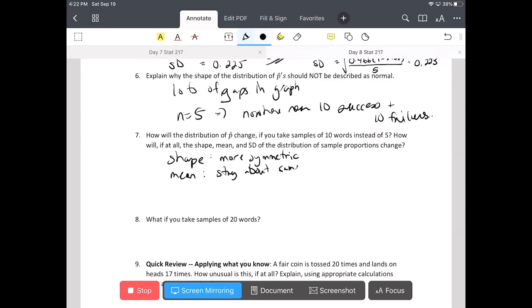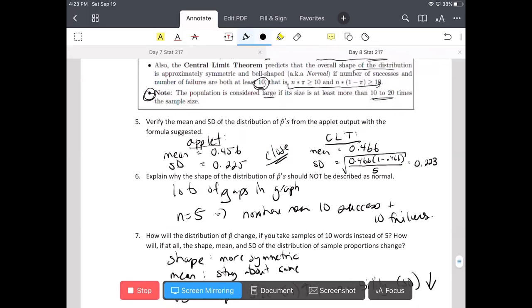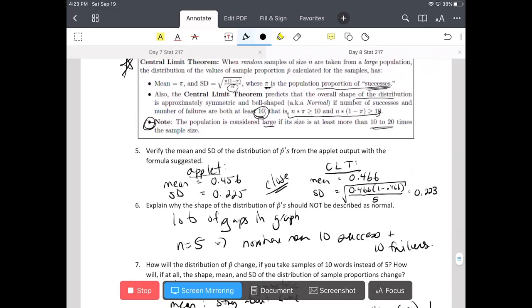Remember, they were already pretty close, and as we get more and more observations, we're going to get closer and closer to that population average. And as the sample size n goes up, the variability, remember the measure of variability is standard deviation, goes down. Remember, we divide by n in this formula, and whenever you divide by a bigger number, you end up with a smaller number overall.